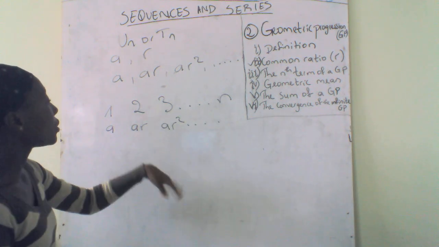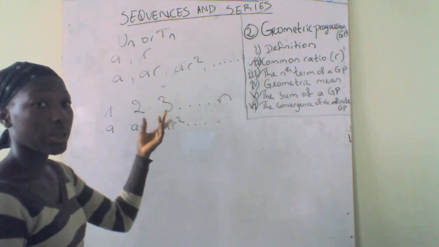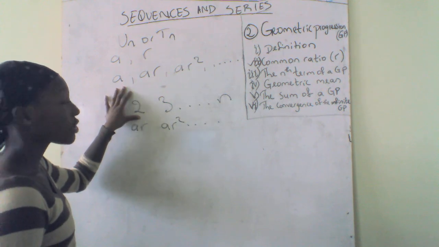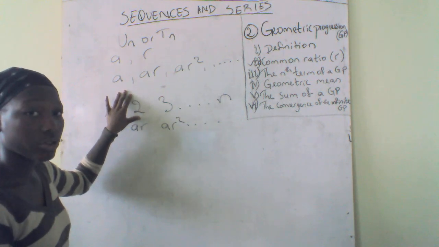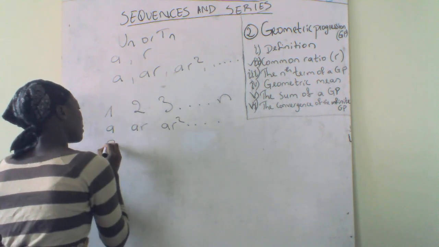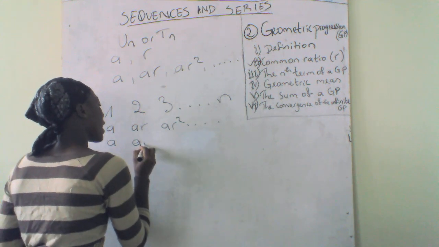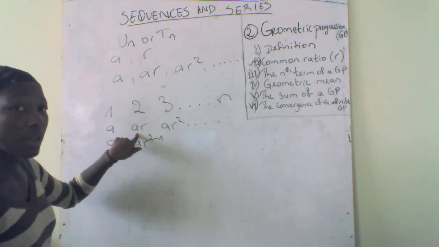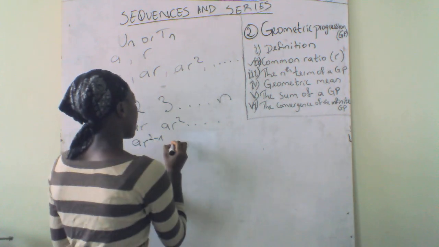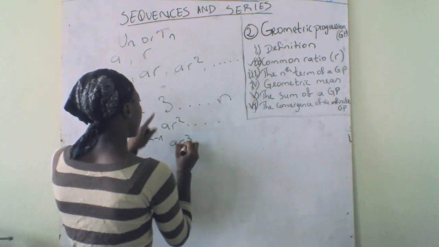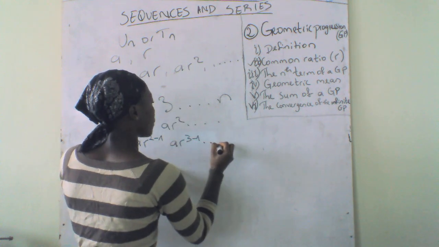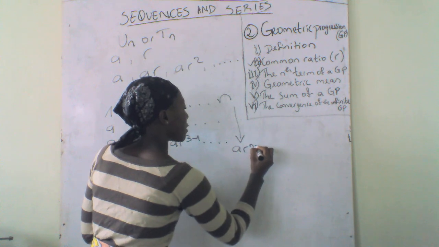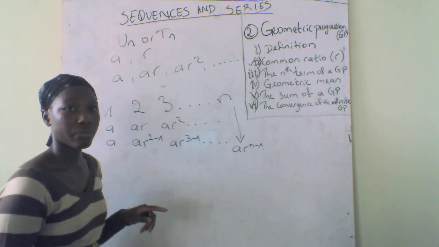So now here we consider the powers. We are working with the powers. So we make the powers become the corresponding natural number minus 1. It will give us this. We're going to have AR to the 2 minus 1, which still comes back to AR. We're going to have here AR to the 3 minus 1, and then AR to the n minus 1.